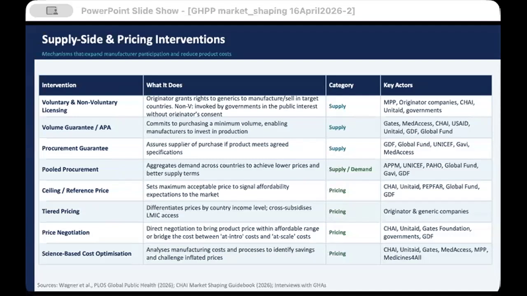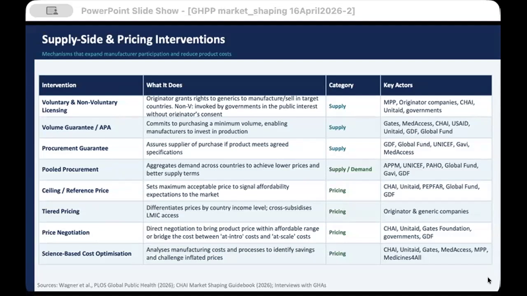Price negotiation is direct negotiation, trying to use whatever leverage you have, including some of these interventions, but not only, between the supplier and the global health actor. But of course, governments are going to be increasingly important here in this role as we transition, decentralizing procurement power down to regional and country levels.